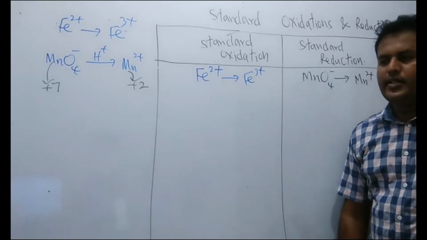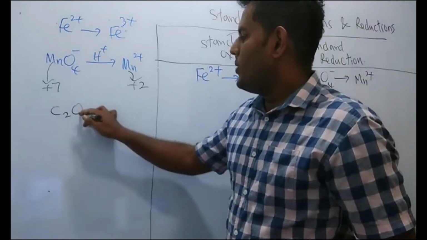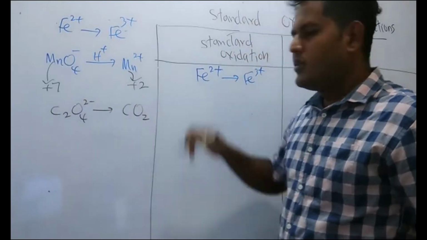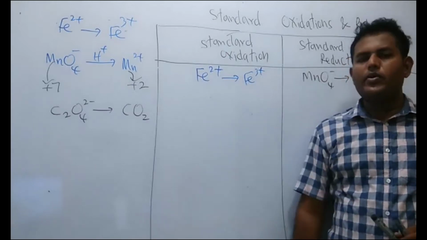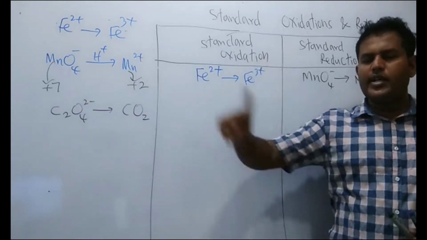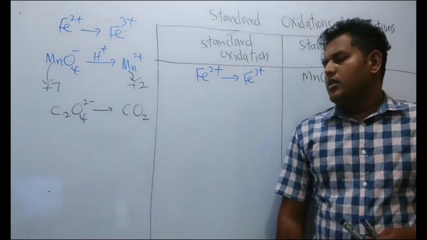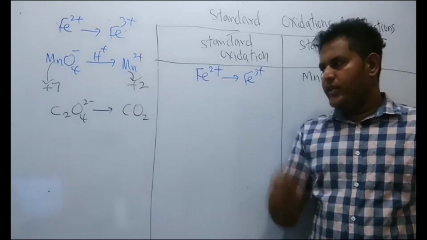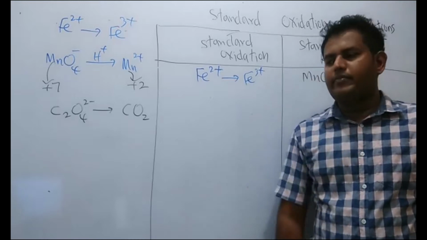Likewise, the next example: C2O4 2- to CO2. Which atom do we have to consider when discussing oxidation or reduction? Oxygen or carbon? That's a trouble. Generally, we have to find the oxidation number of the electropositive atom.